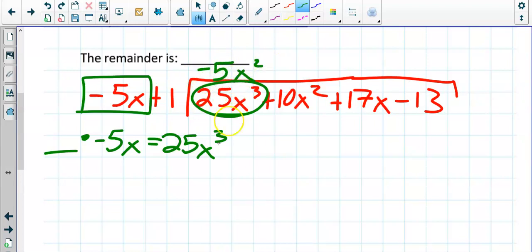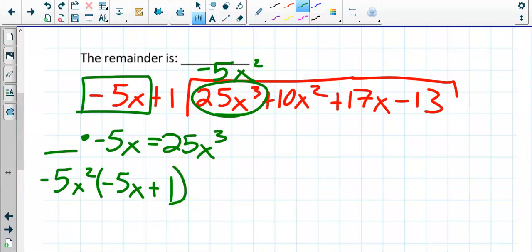Negative 5x squared. And remember with regular division, what you do is you take your top piece and you multiply it by what's in front. And we're going to do that. Negative 5x squared. And we're going to multiply that by negative 5x plus 1. Okay?